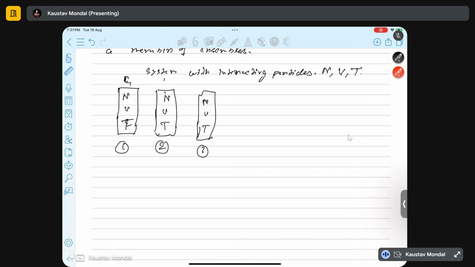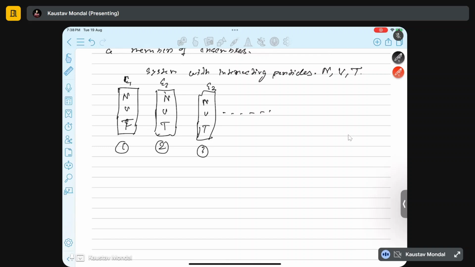It says E1, E2, E3, like this. All the types of configurational energy that can happen in the system, we are taking all the configurations. So we put them in different members of an ensemble. Okay, so these are the ensembles.